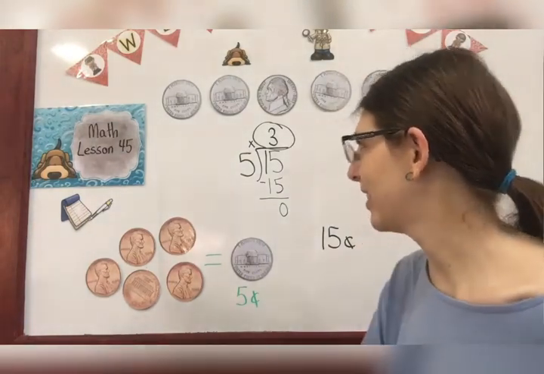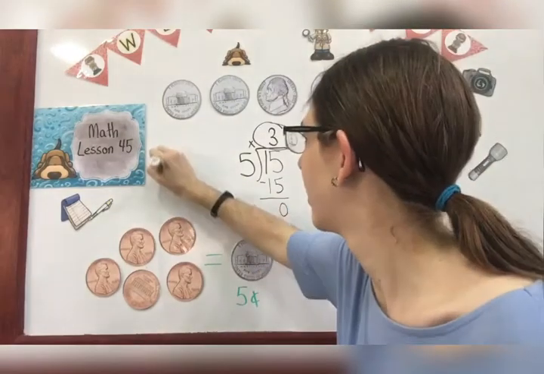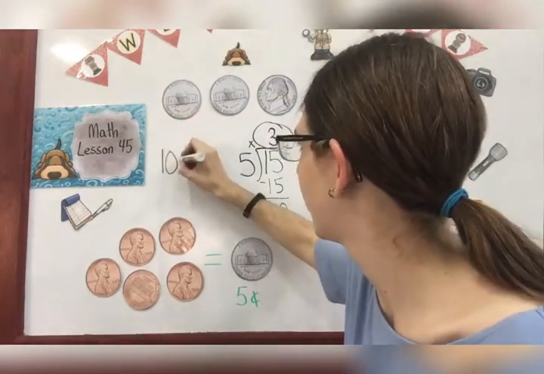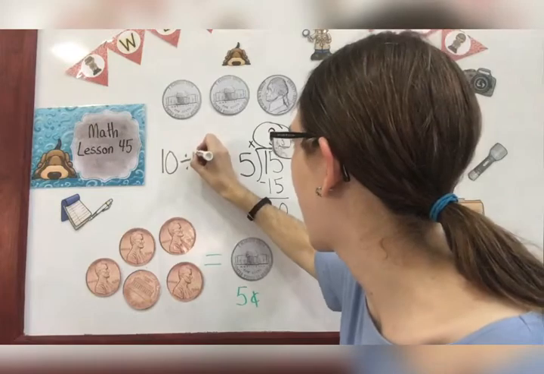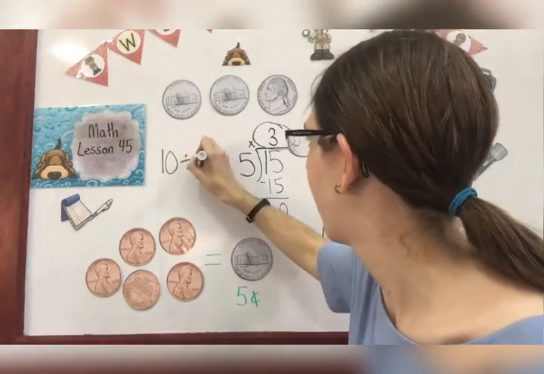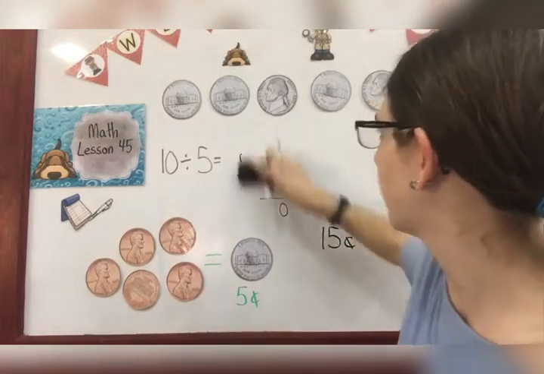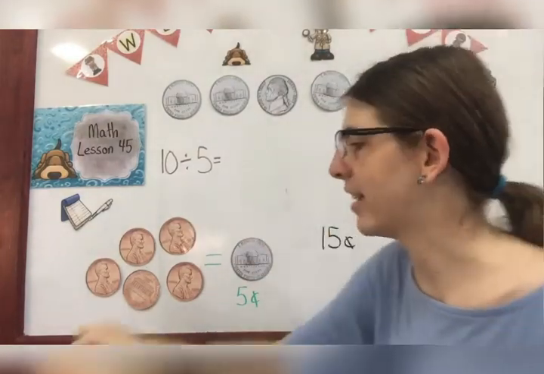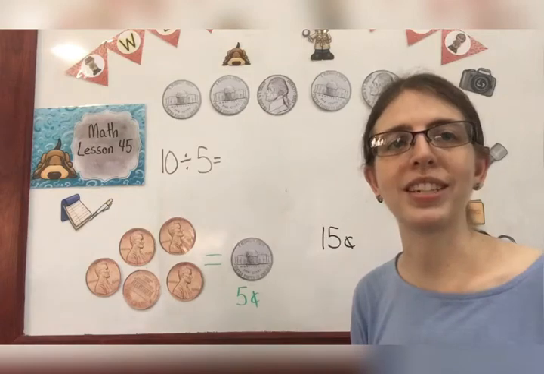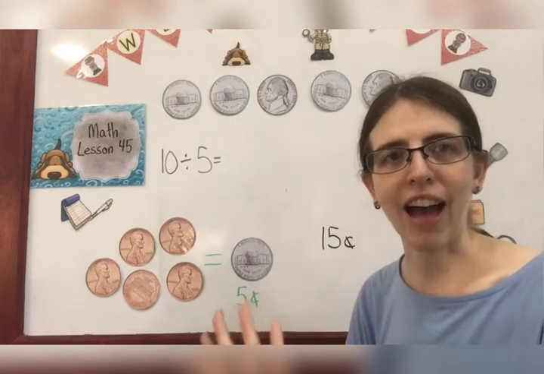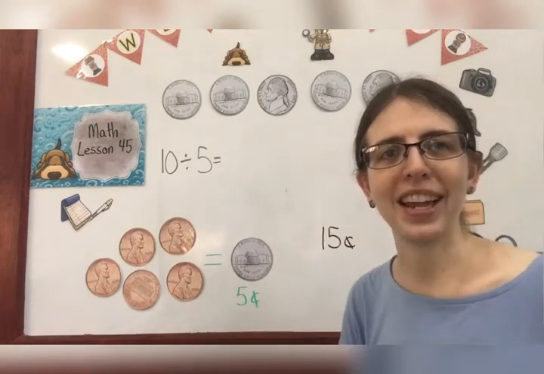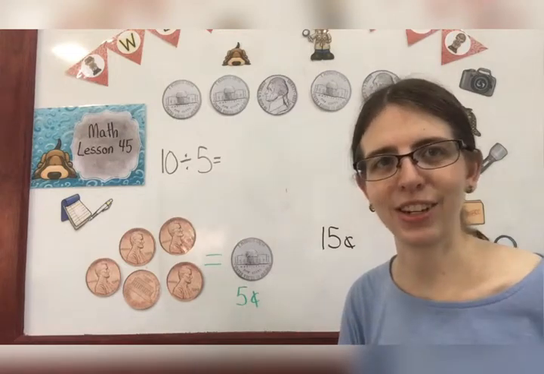Letter A says 10 divided by 5 equals, so let's find what 10 divided by 5 is. So I'm going to count to 10 in groups of 5. The number of groups that it takes will be my answer.